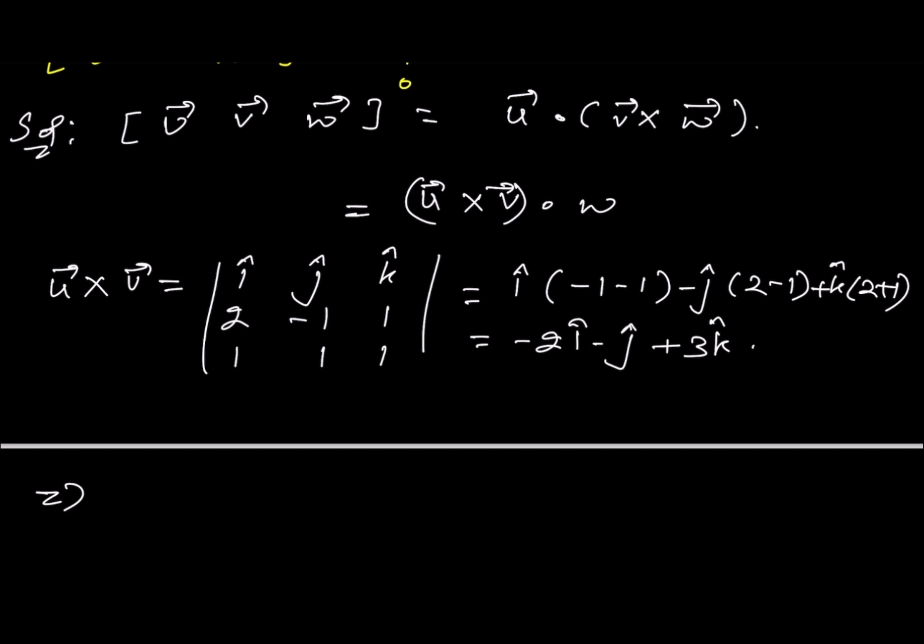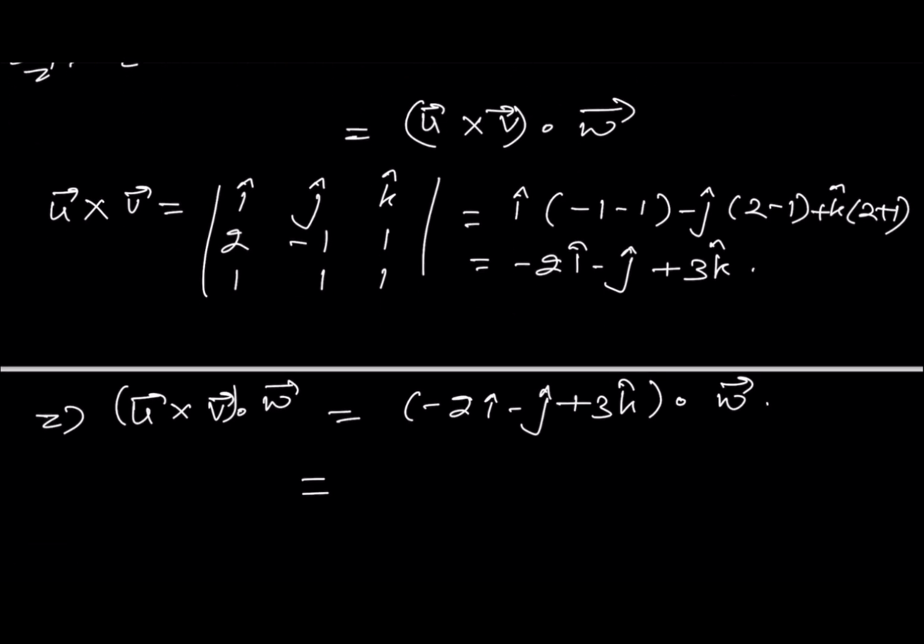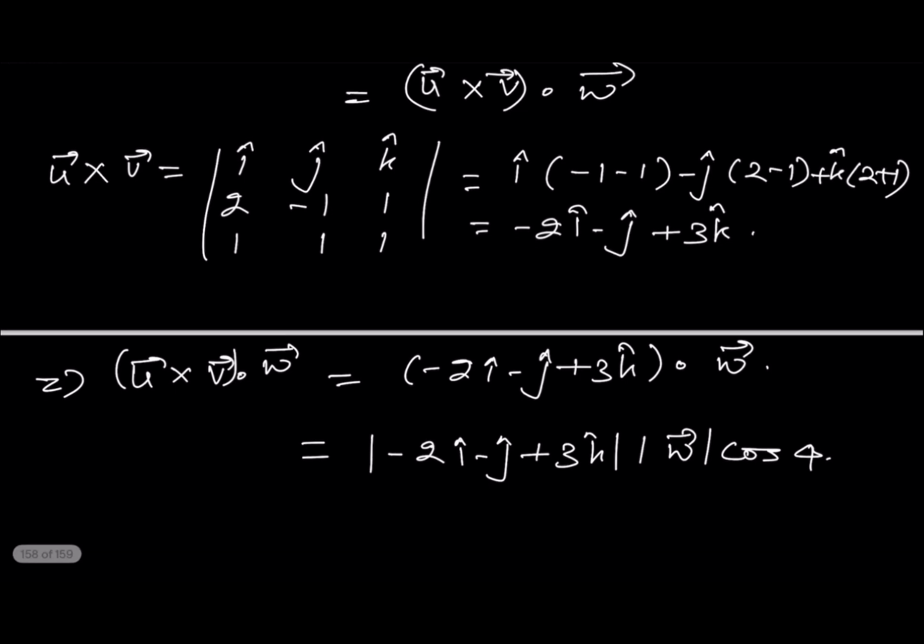So this U cross V dot W will become minus 2 I cap minus J cap plus 3 K cap dot W, or if I expand this dot product, I can write mod of 2 I cap minus J cap plus 3 K cap, mod W, cos phi, where phi is the angle between U cross V and W vector.